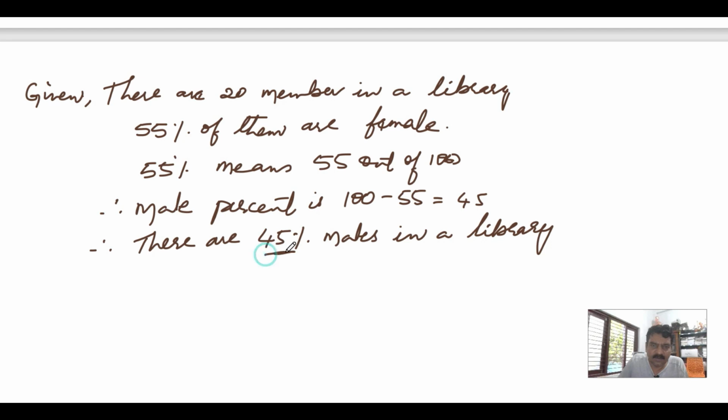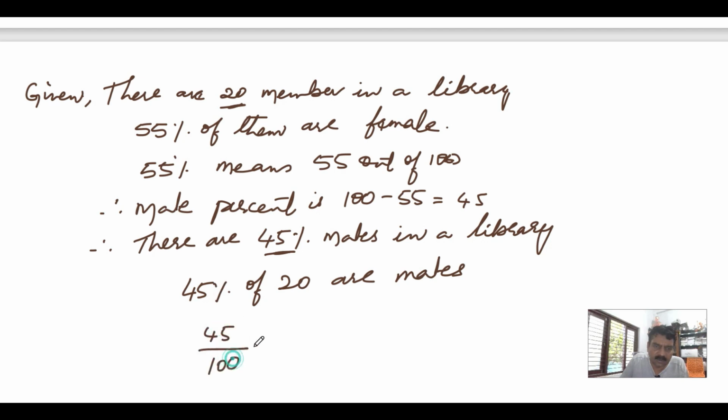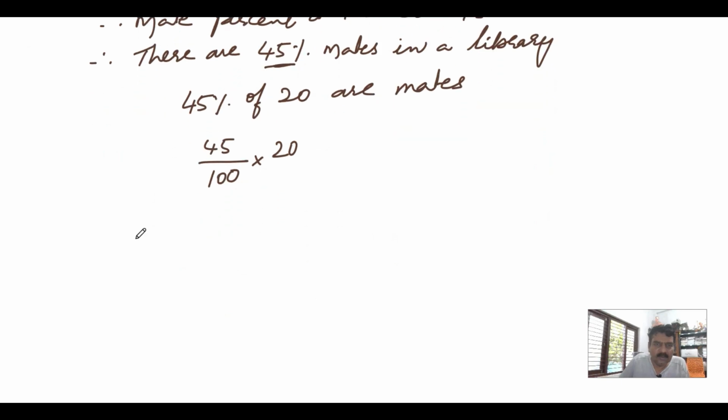So what is this 45% of what? Total members are 20 here, right? So 45% of 20 are males. Therefore 45% means 45 out of 100 into total members, 20. So this gives you 45 into 20 by 100.